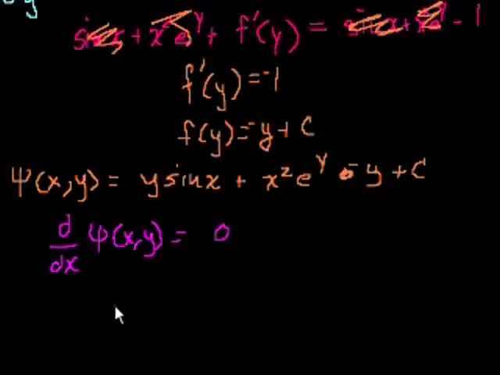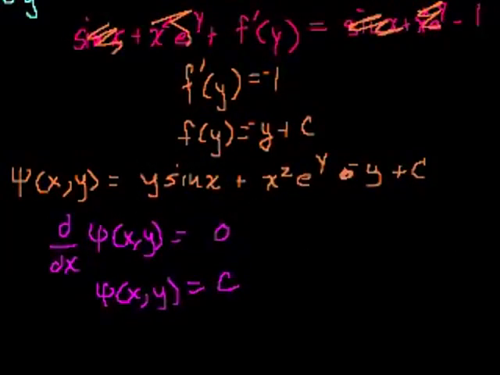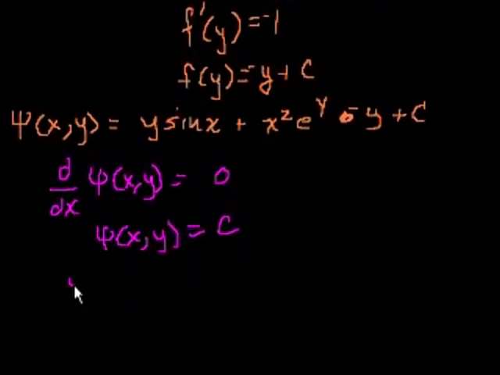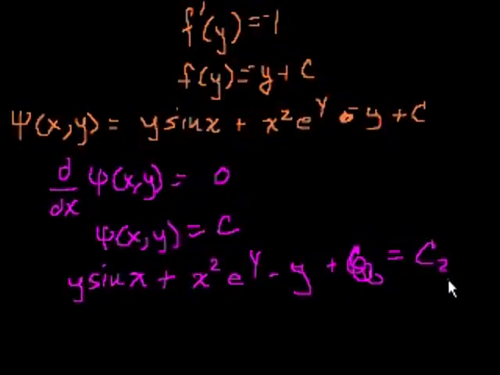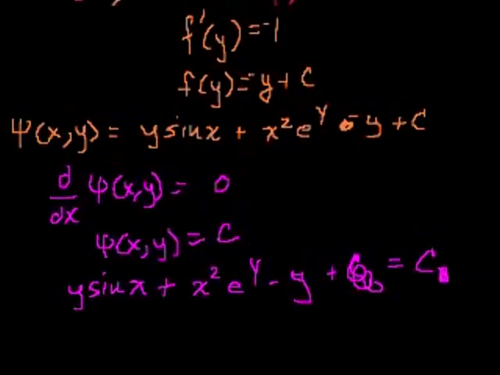Or if you were to integrate both sides of this, you would get that xi of x, y is equal to c is a solution of that differential equation. So we could say y sine of x plus x squared e to the y minus y plus this c, you call that c1, is equal to c2. Well, you can subtract the c's from both sides and just be left with the c at the end. But anyway, we have solved this exact equation.